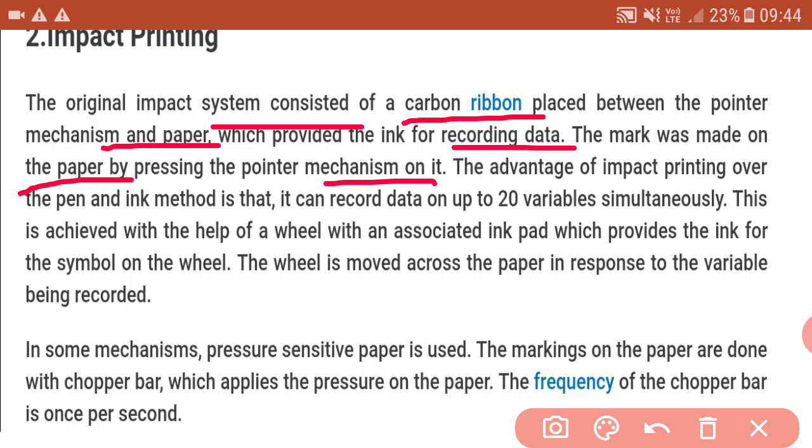The advantage of impact printing over the pen and ink method is that it can record data on up to 20 variables simultaneously.